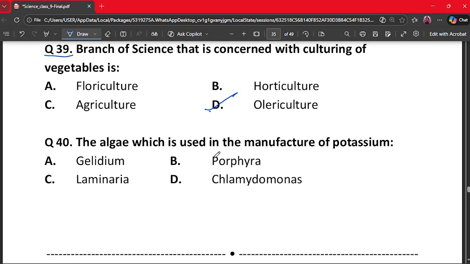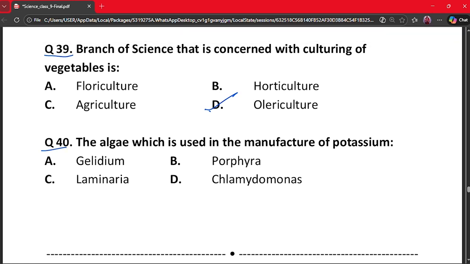Our last question is question number 40.